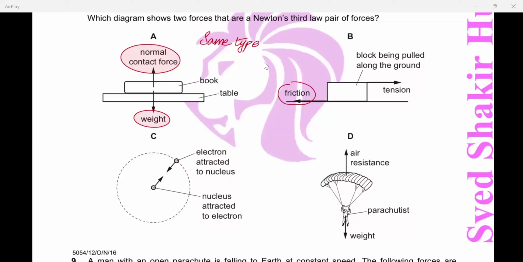B की अगर मैं बात करूं तो ये फ्रिक्शन है, राइट? और ये टेंशन है। अगेन दे आर नॉट ऑफ द सेम टाइप। फ्रिक्शन और टेंशन अलग अलग फोर्स होती है। चेक करते हैं। डी की अगर मैं बात करूं so this is weight, a gravitational force, and this is air resistance, a different force.